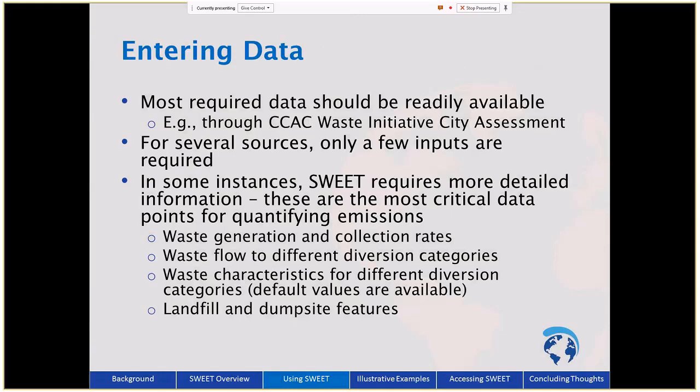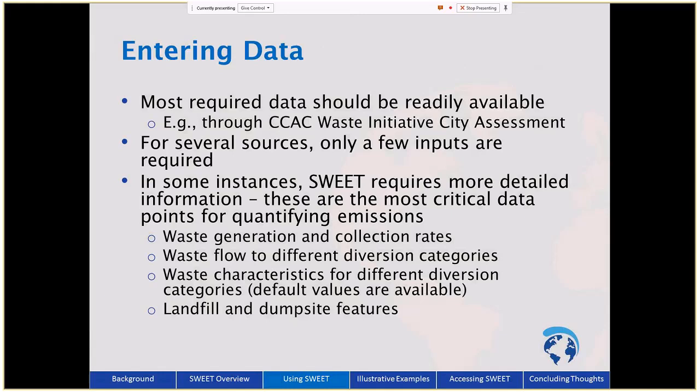We ask more detailed questions about waste flow to different diversion categories. How much are you diverting to compost or AD projects or incinerators? The tool asks for fairly detailed information about the composition of the waste that's going to the landfill or different diversion categories.